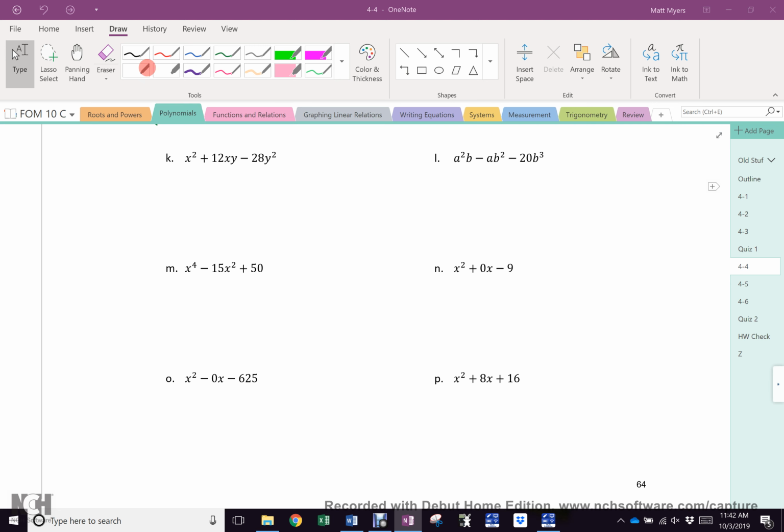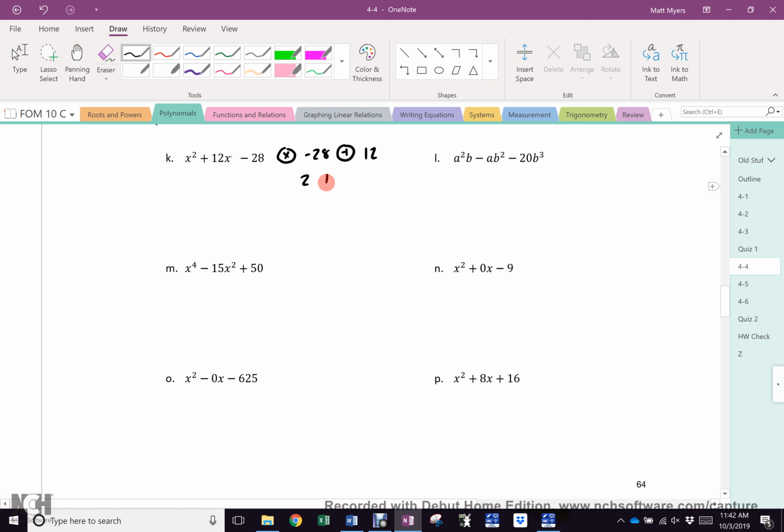Now, you look at K and you say to yourself, self, I don't know what to do because there's an extra variable there. But of course you do know what to do, because if that wasn't there, we would need to multiply to what? Negative 28 and add to what? 12. Is it 1 and 28? Of course not. 2 and 14? Yes.